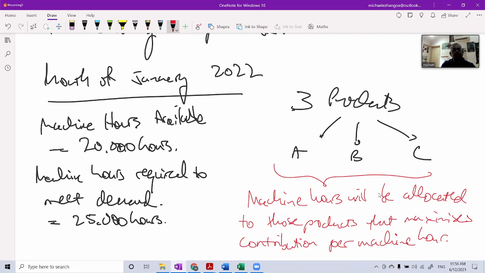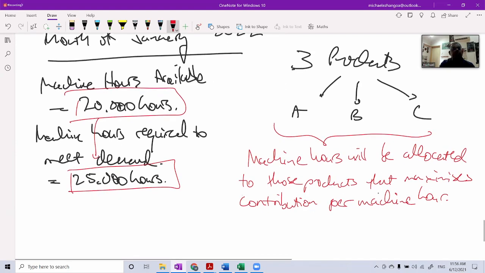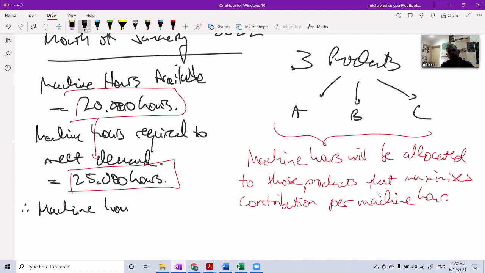This comparison, you compare with this, implies that machine hours is a binding constraint.